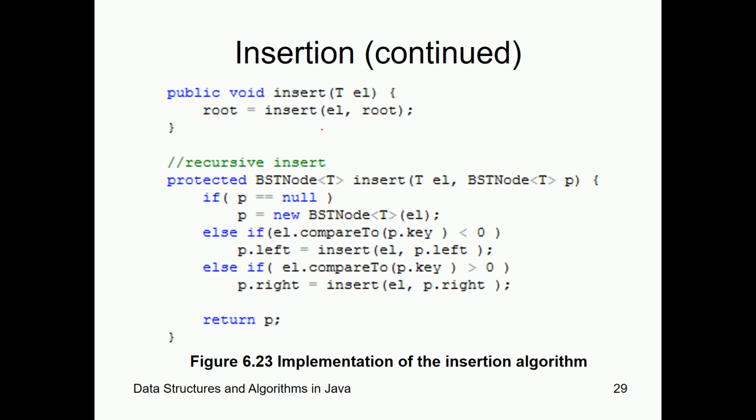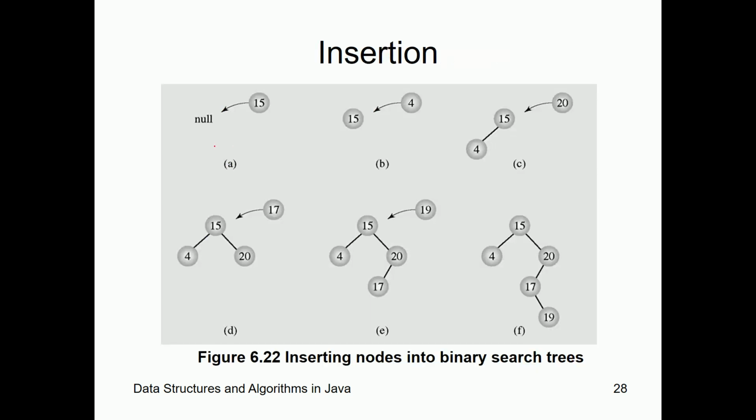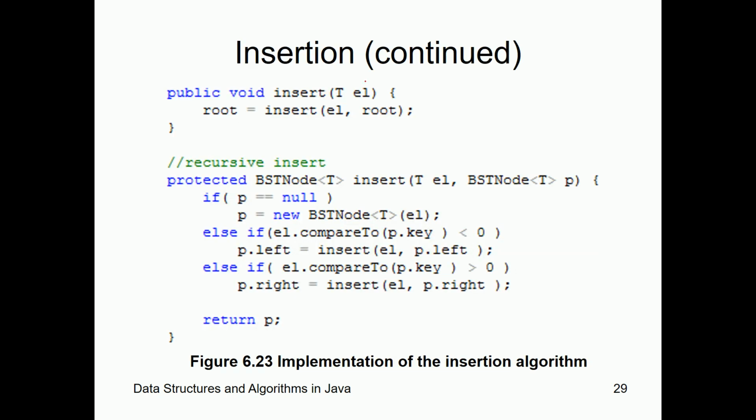How do you add a root as an argument when there is only one argument? Well, let's try to see this. Imagine that we're in 15. There's nothing. Root is null now, right? So I'm going to insert 15. I'm going to call insert with 15 and null, right? So it gets inside. This is 15.